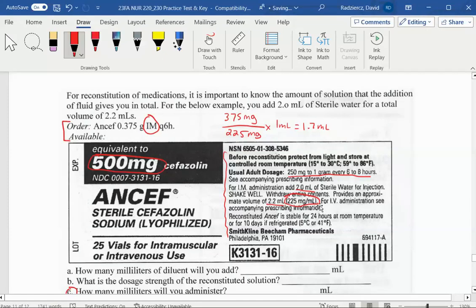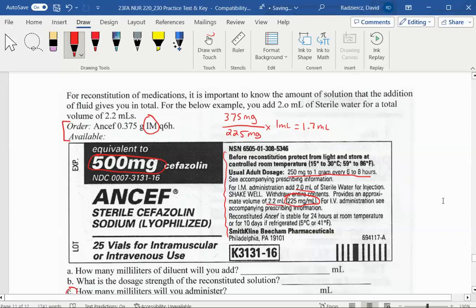Whatever they write on the label is what you want to use. But if the label for some reason is missing that information, then you could take the milligrams over the total volume, and that would give you an approximate strength for that particular medication.